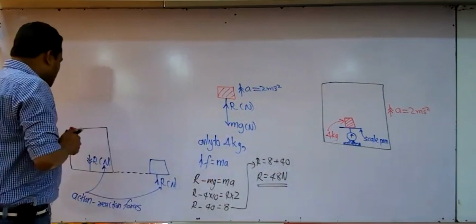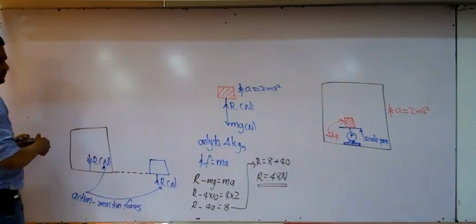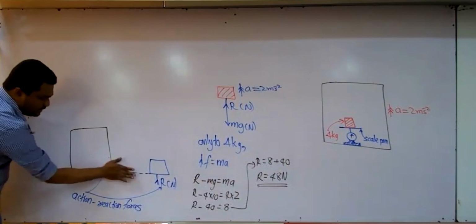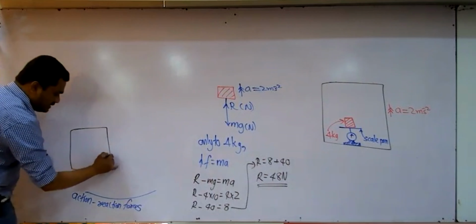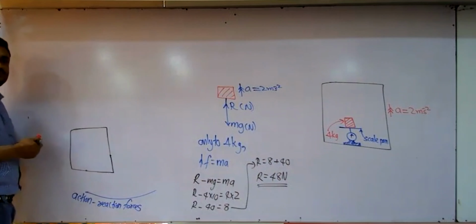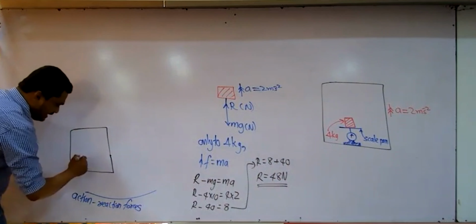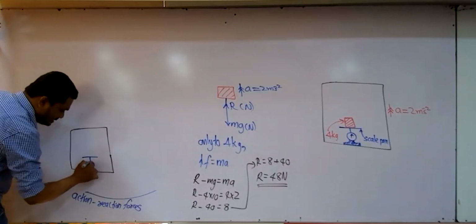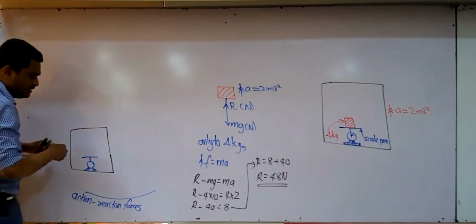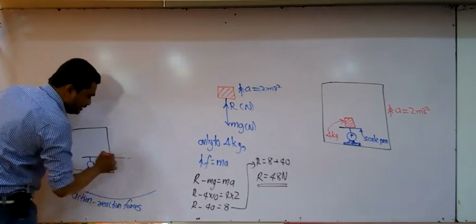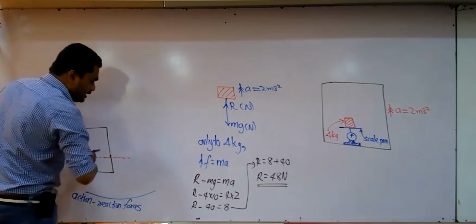Right. Now we can draw the same figure. This is the lift. This is the scale pan. This is the scale. Then this is the 4 kilogram object.